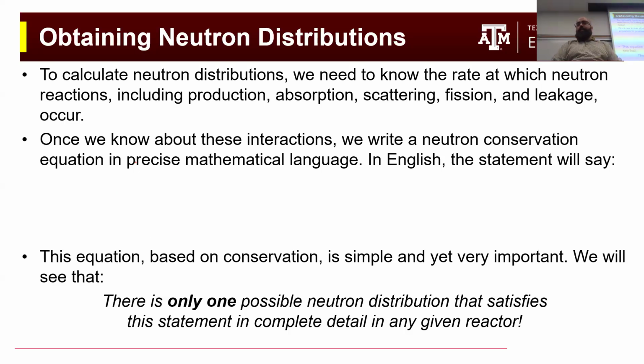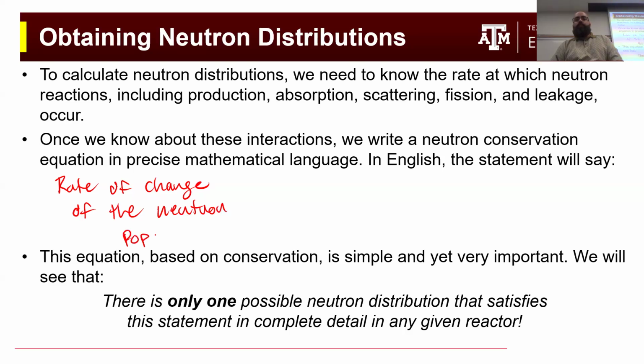And we can talk about conservation even in a more general sense. If we're talking about conserving a neutron population, then what we have on the left is the rate of change of our population of interest, in this case the rate of change of the neutron population. The way the population of neutrons can change, just like the population of anything, is if you have rates of gain of that quantity, which add to the population, and things that take that quantity away, which are the losses.